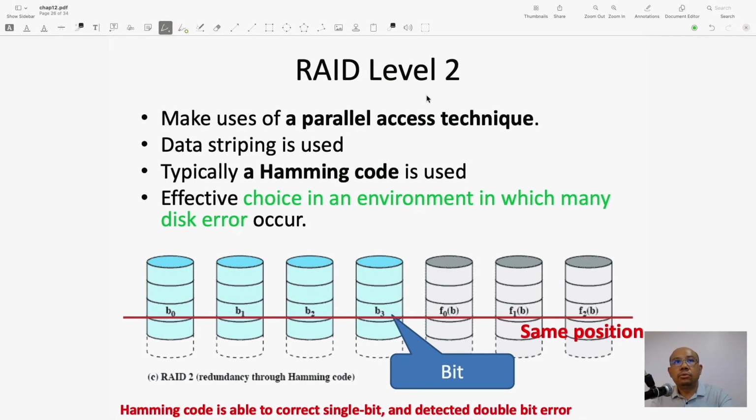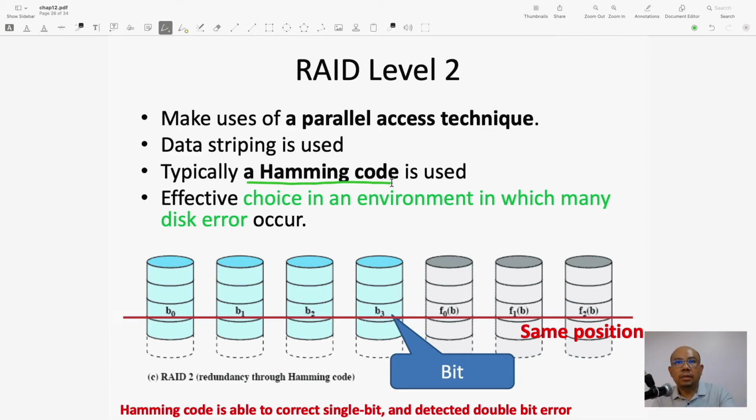RAID level 2 uses parallel access techniques, where data striping is still used, but it is implemented with Hamming code. What is Hamming code?